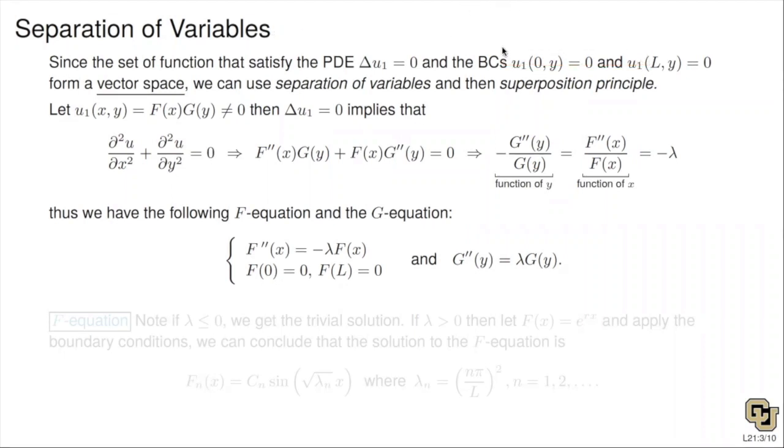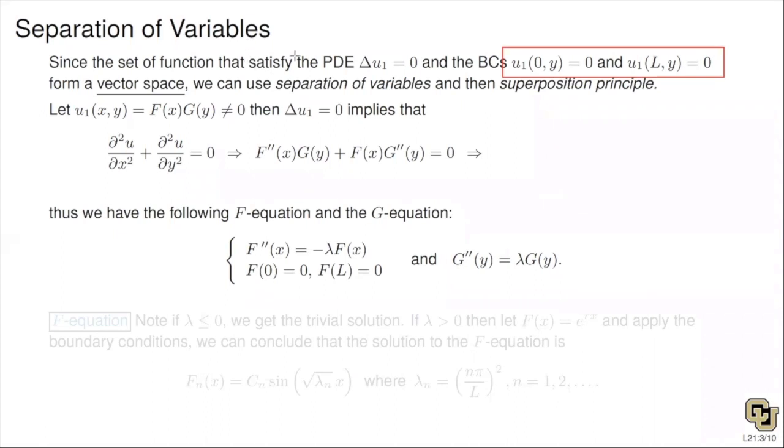So let's think this through. For example, here, so let me clear some space. For this first boundary condition, remember, we're making the assumption that u equals f times g. So this says f of x times g of y. We're making the assumption u equals f of x times g of y.